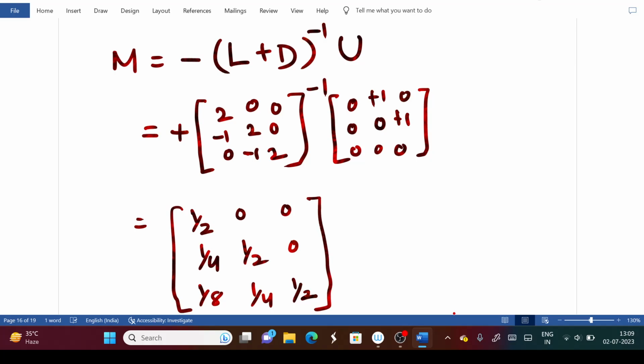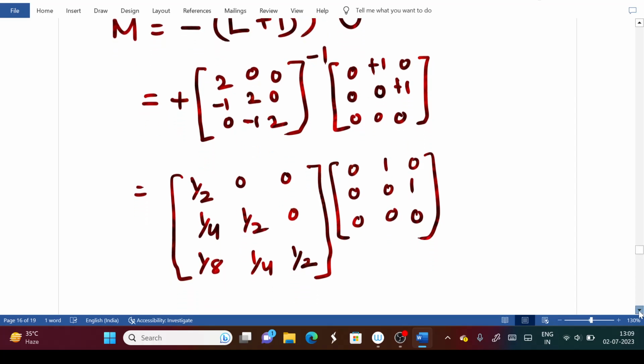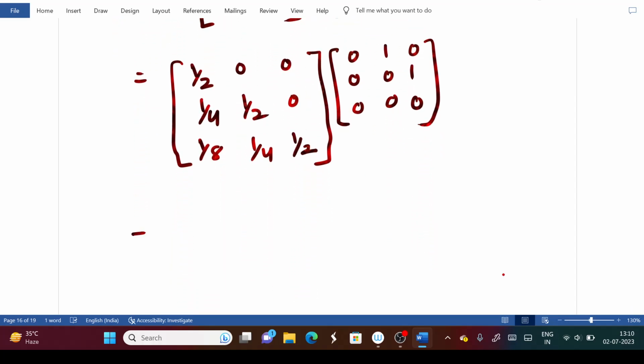This into the matrix 0, 0, 0, 1, 0, 0, 0, 1, 0. This matrix will multiply. The answer is: this row into this column 0, this row into this column 0, this row into this column 0.